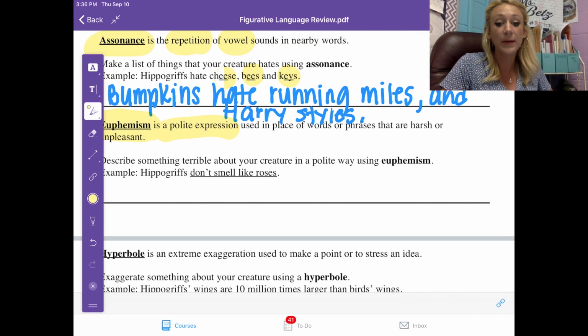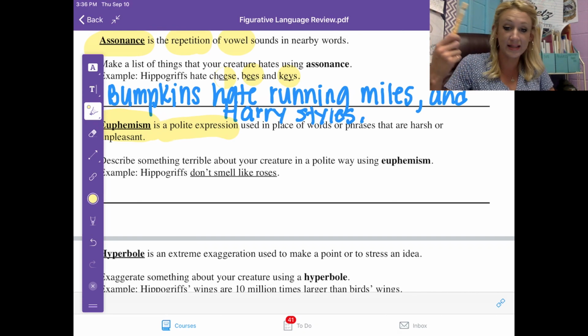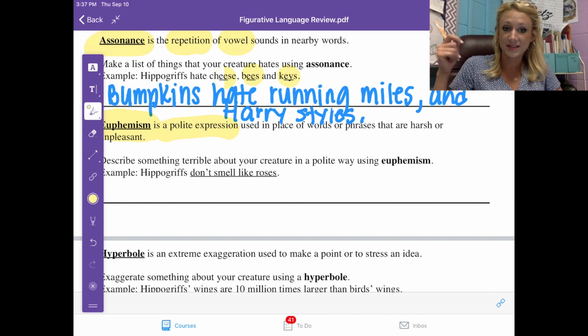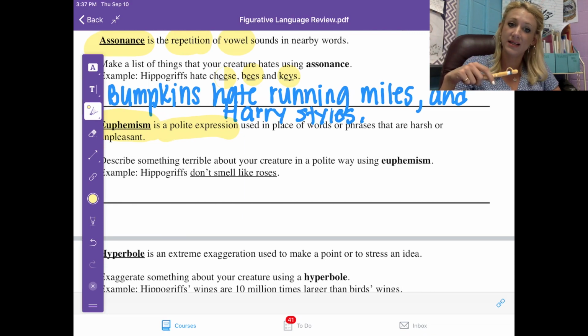So we have popular euphemisms that we use in English, ones that people know as soon as you say it, they know what it means. So for example, if we're saying, oh, it's really raining cats and dogs out there, it's not literally raining cats and dogs, but we know that it's raining really hard. That would be a euphemism. Or if someone has to use the bathroom, instead of saying that, someone could say, oh, I have to go powder my nose. That's an example of a euphemism, saying something not so nice, but in a nice way, a more polite way.